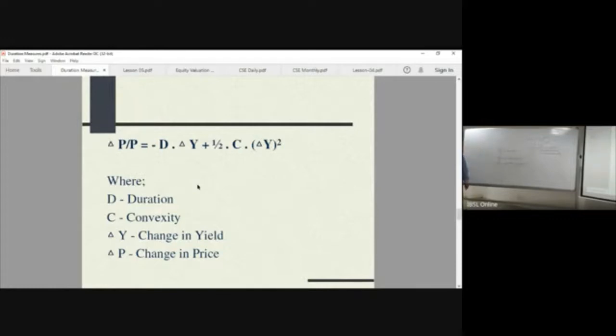Now you might wonder what it is. Actually, this is a mathematical formula. We call it the Taylor series.